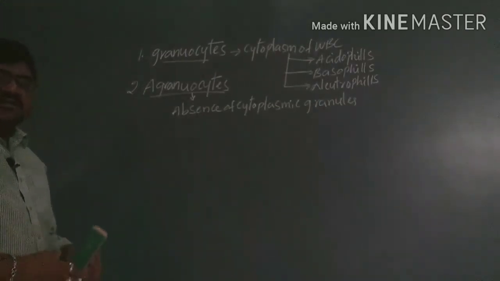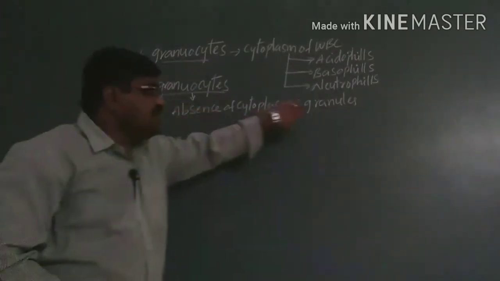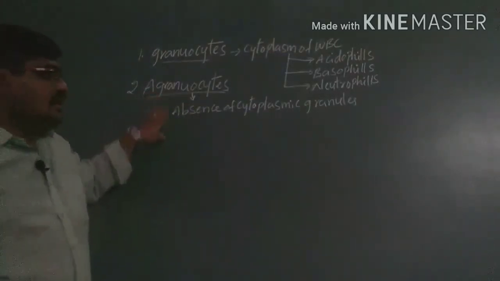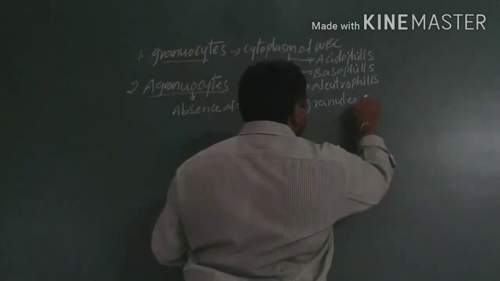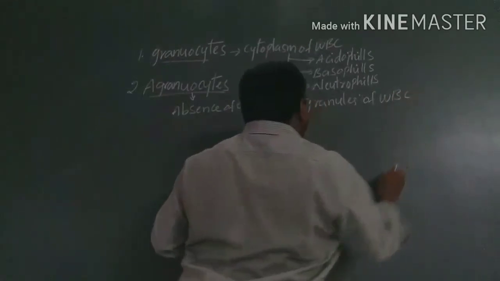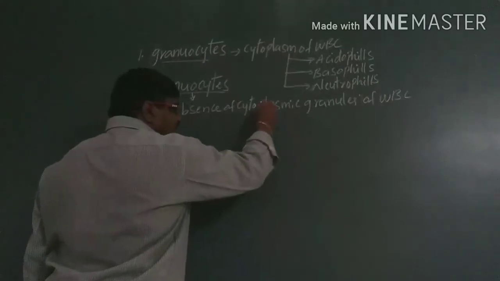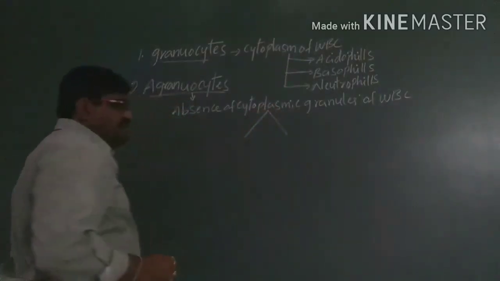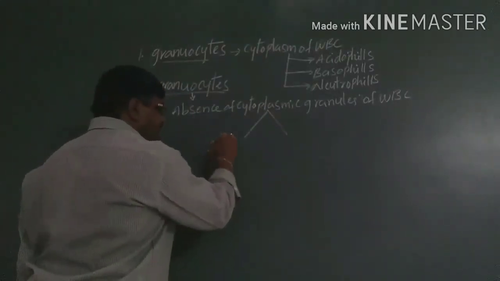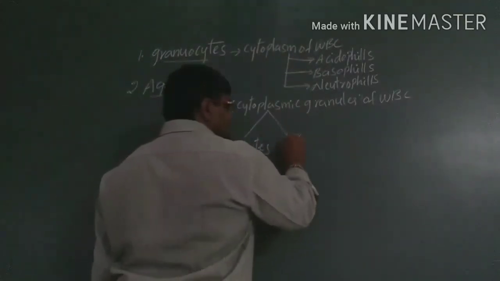That means in the cytoplasm of the WBC the granules are absent, so we call them agranulocytes. Again, the agranulocytes are classified into two types. One we call monocytes, and the second one we call lymphocytes.